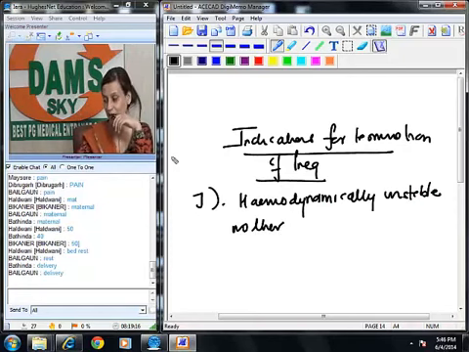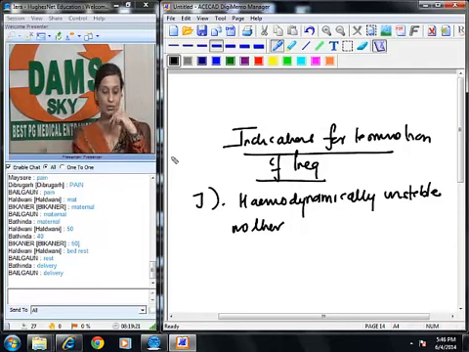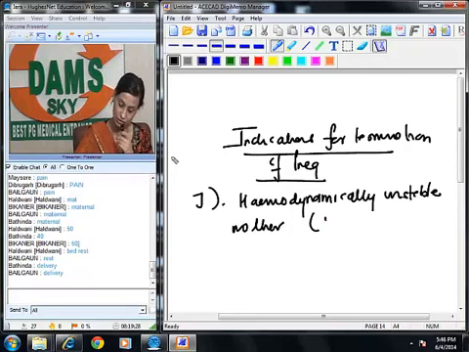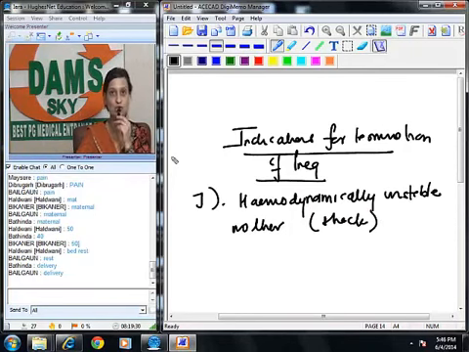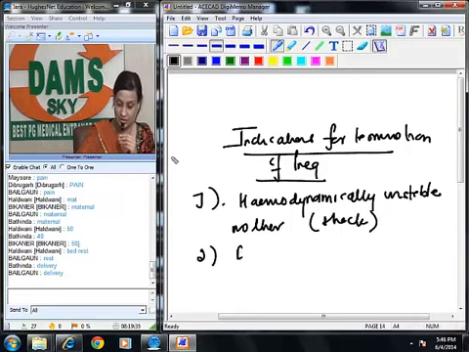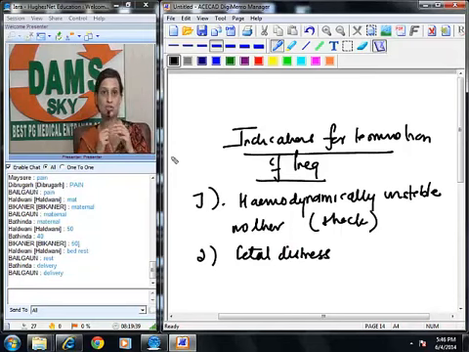Whenever the blood loss is such that it leads to shock in the mother, we don't have any option but to immediately deliver the patient. Second, fetal distress. If the blood loss is so much that it leads to fetal distress, then again it is an indication for termination, because if you don't terminate, the fetus may even die in utero, right?